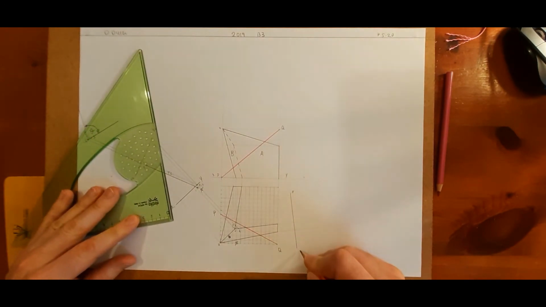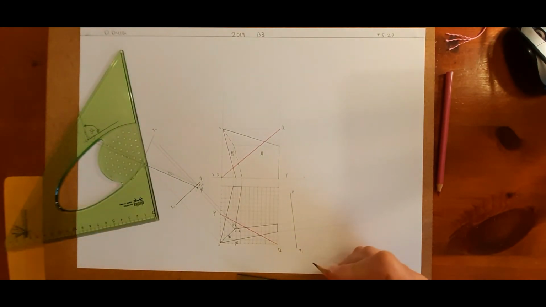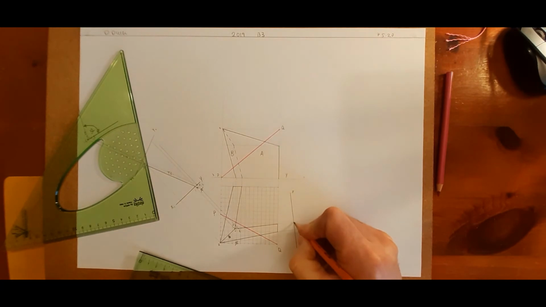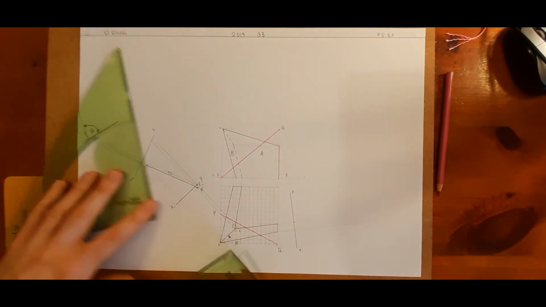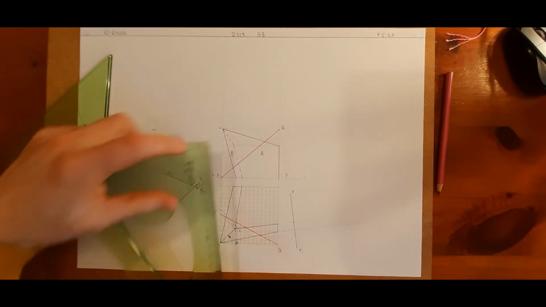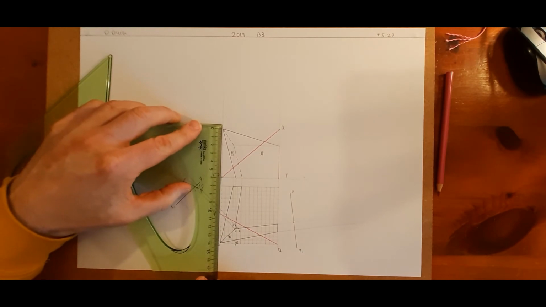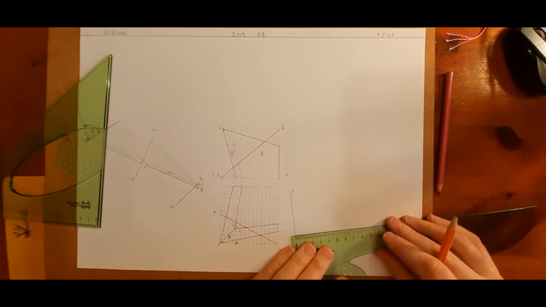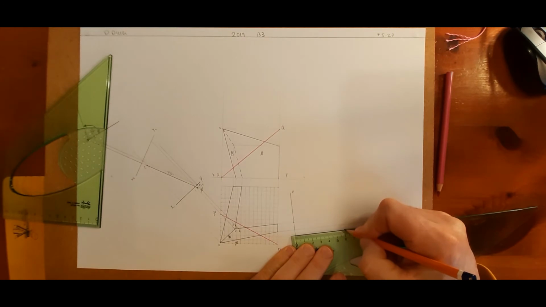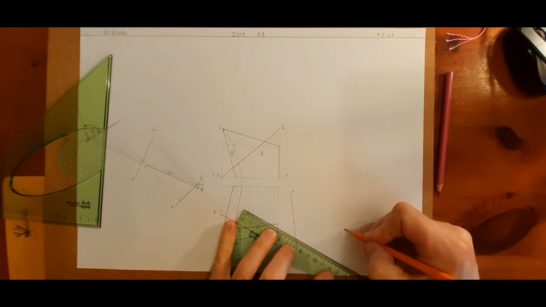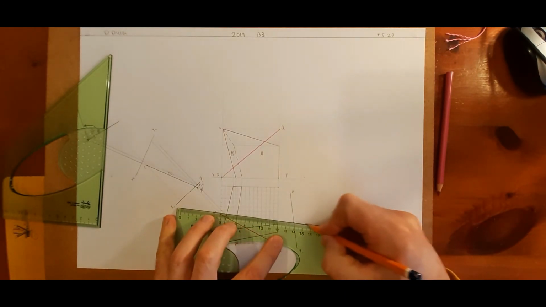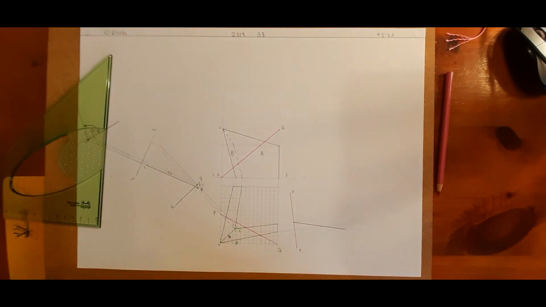Now this guy's on the ground here, and again, the very tip top of that, you know the height. We can mark that off, and that is an edge view of plane A.